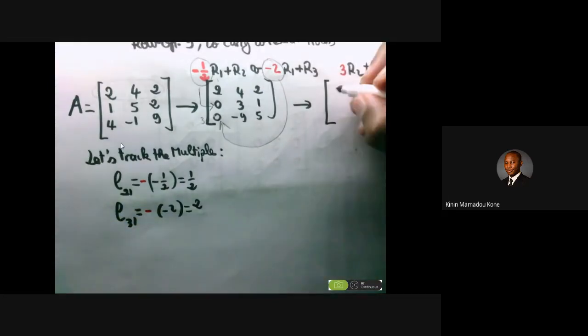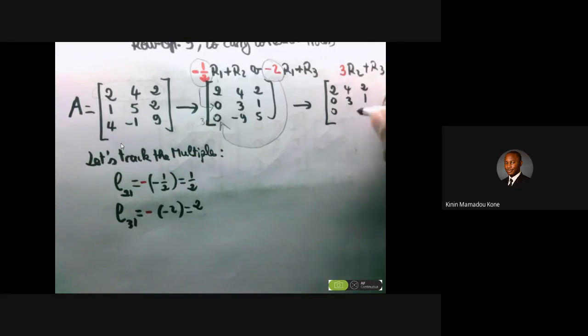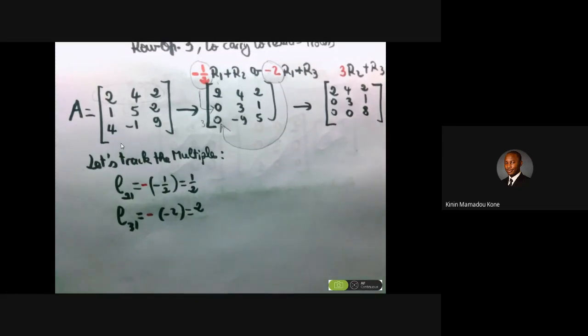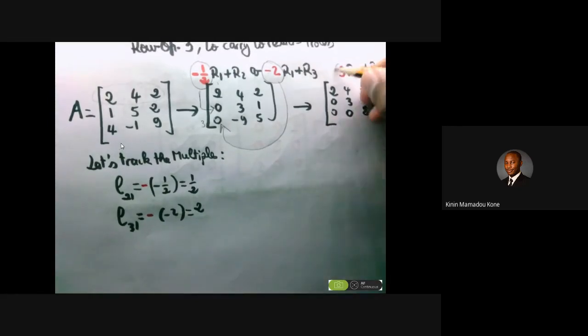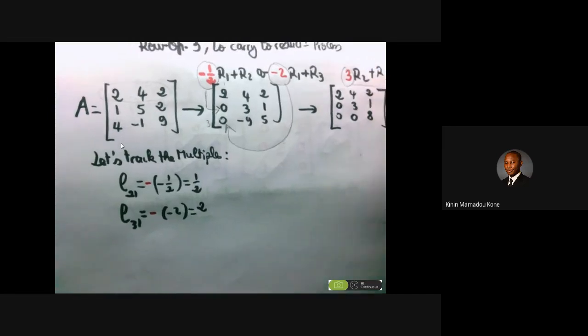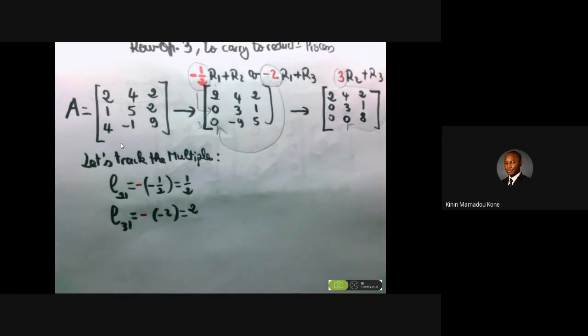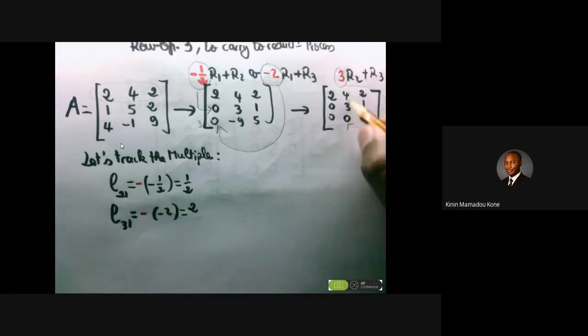And let me copy. So 2 0 0 4 2 3 1, and then here I have a 0 and 8 over here. Okay, so this is where I use the 3 that is here to eliminate and obtain that value over here. As you can notice, this entry that has been eliminated is located in row 3, column 2.